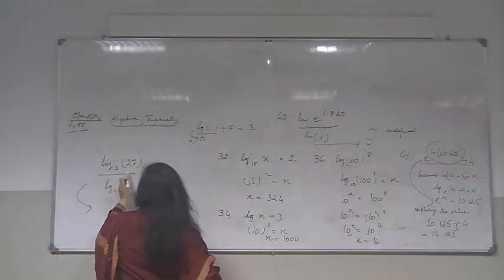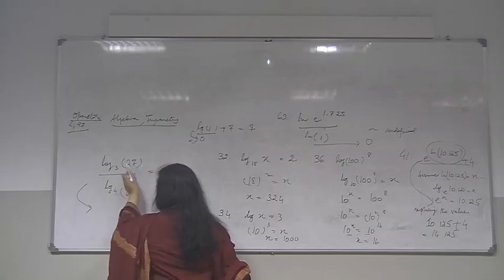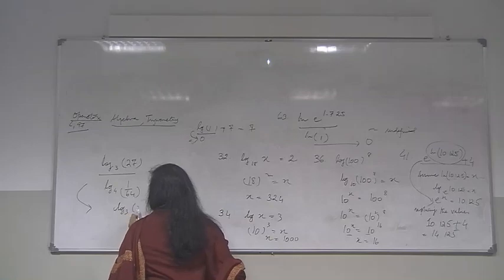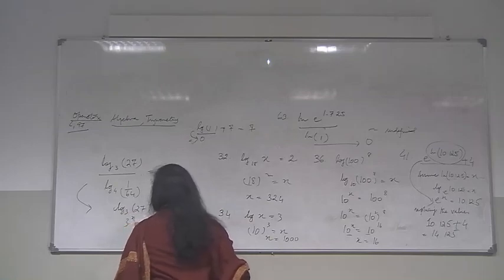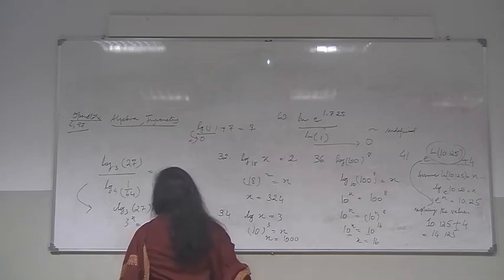First of all, you can just convert it into equation 1, equation 2. Log base 3 of 27 would be equal to x in this case, so 3 raised to the power x is equal to 3 raised to the power 3. So x in this case is 3.